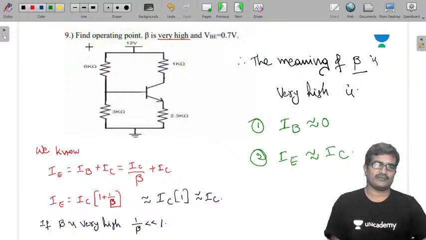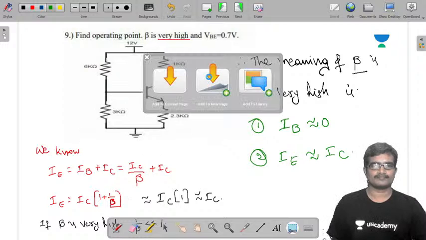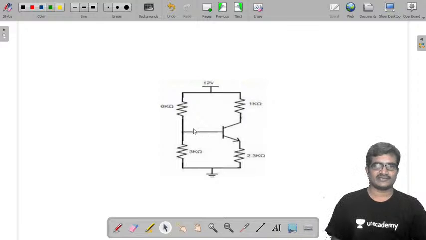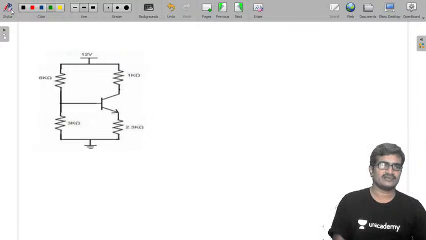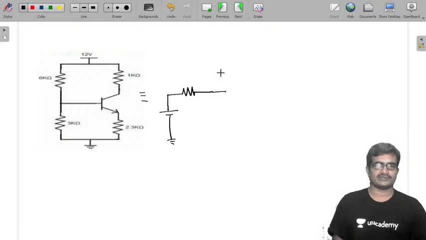Now I am going to apply the procedure on this circuit. This is the self bias circuit. Now its equivalent circuit, first I am drawing. In the equivalent circuit, at the input side I am taking RB and VBB, connected to the output circuit.